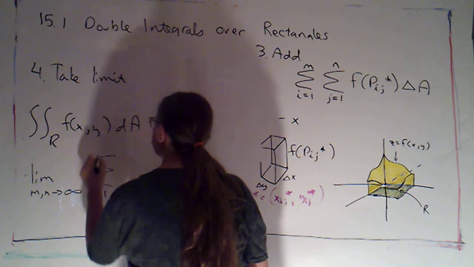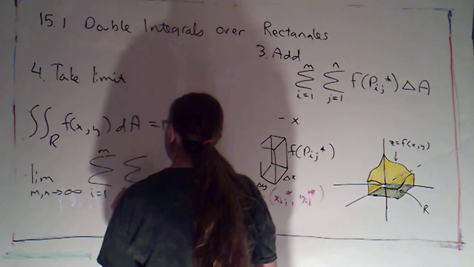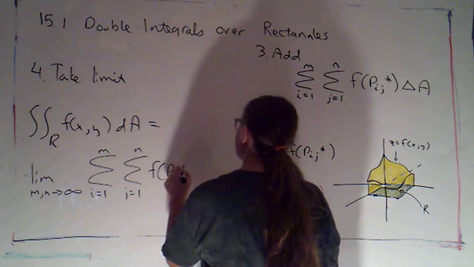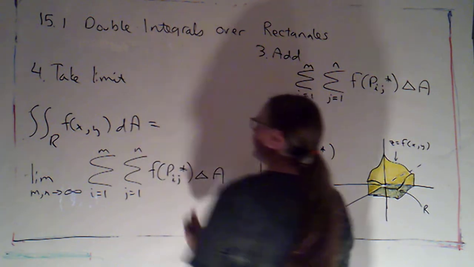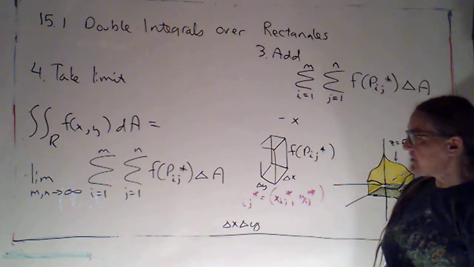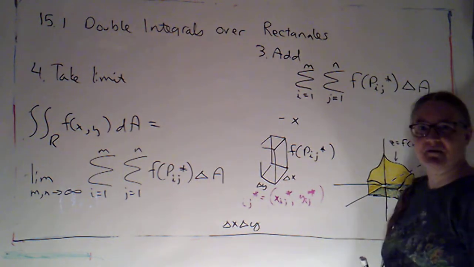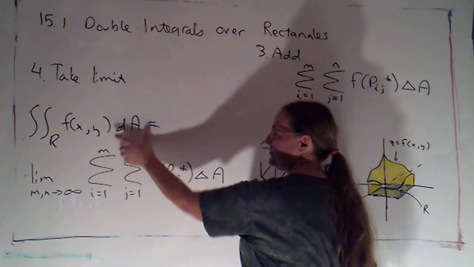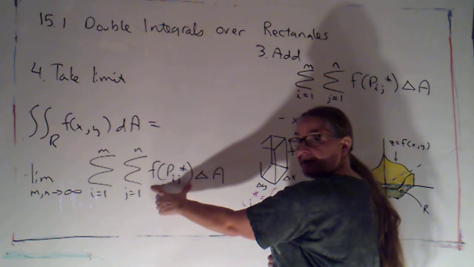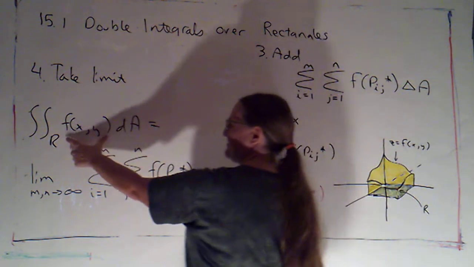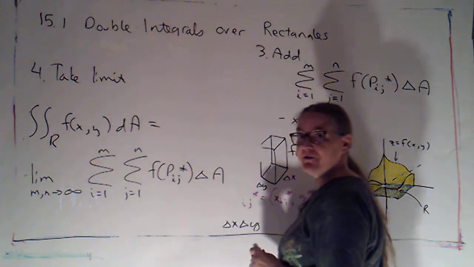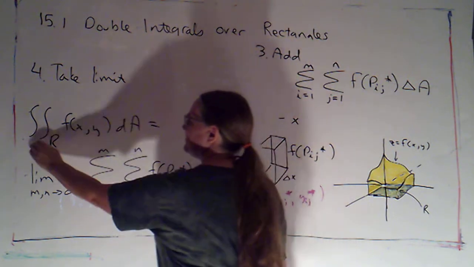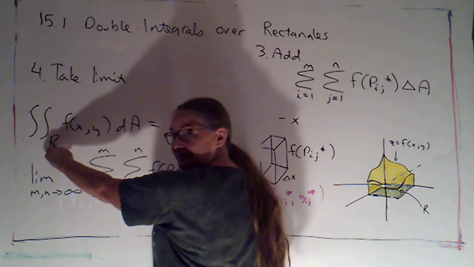The sum as i goes from 1 to m, sum as j goes from 1 to n, f of Pij star times delta A. And you can really see where the notation comes from. When I take the limit, my delta A becomes a dA. My function evaluated at a representative point becomes my function evaluated at an arbitrary point, and the limit of a double Riemann sum becomes a double integral.